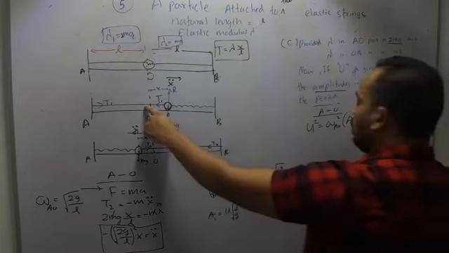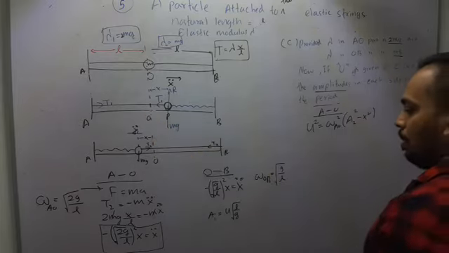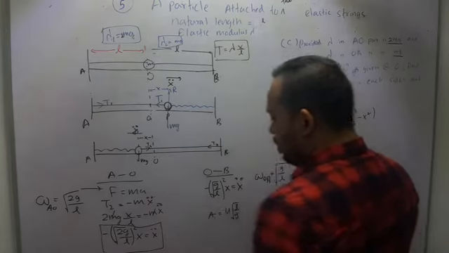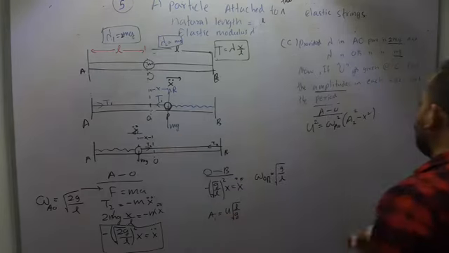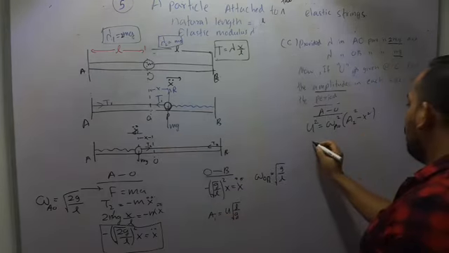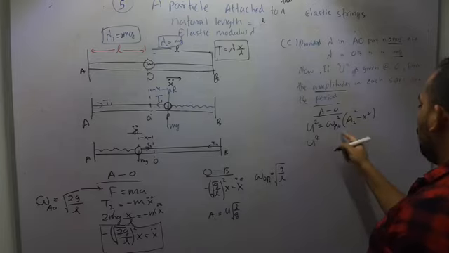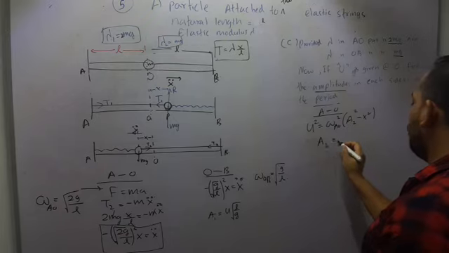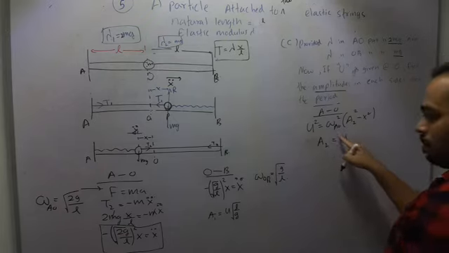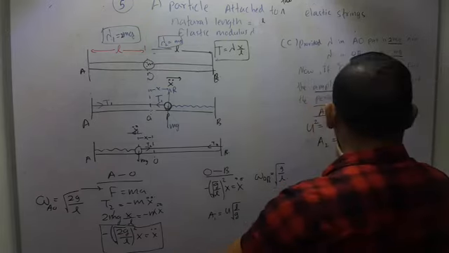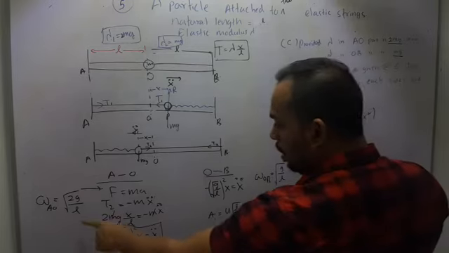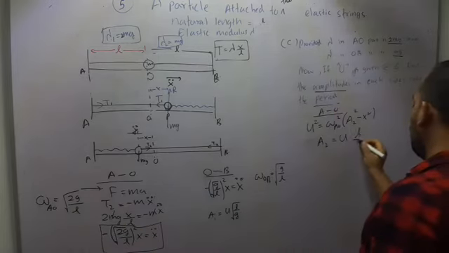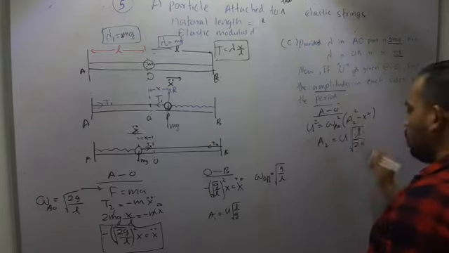Again, x is 0. You can see in either case the center is still O, the equilibrium point. Therefore A2 would be u divided by omega AO, which is u times root L over 2g.